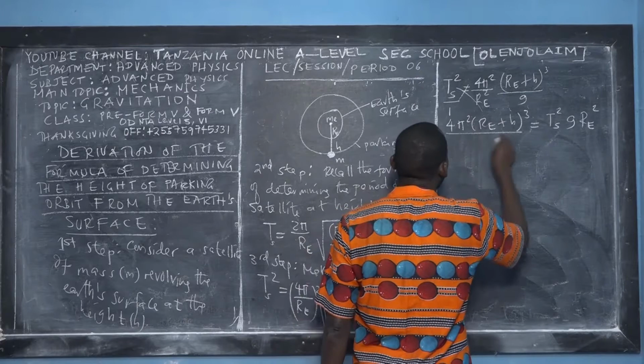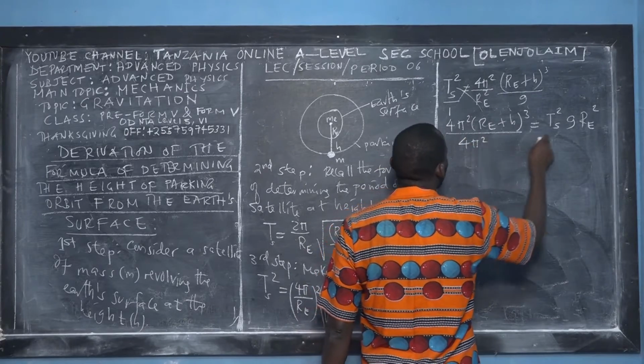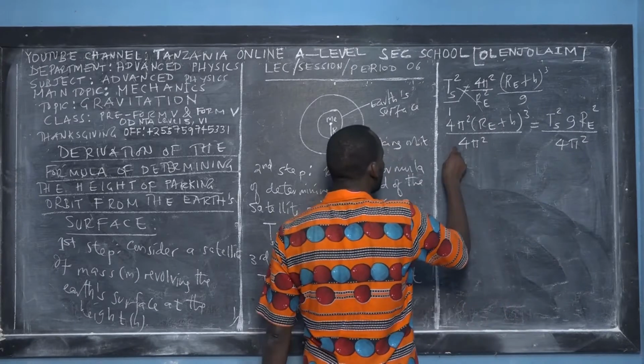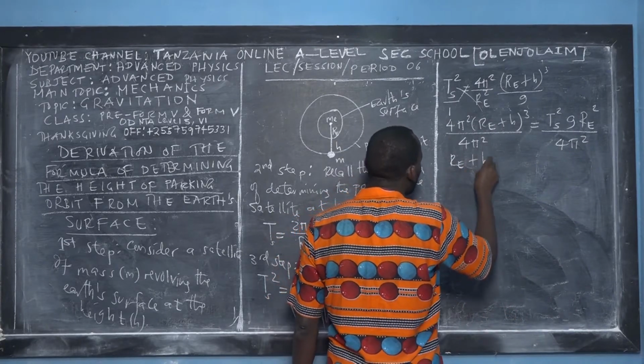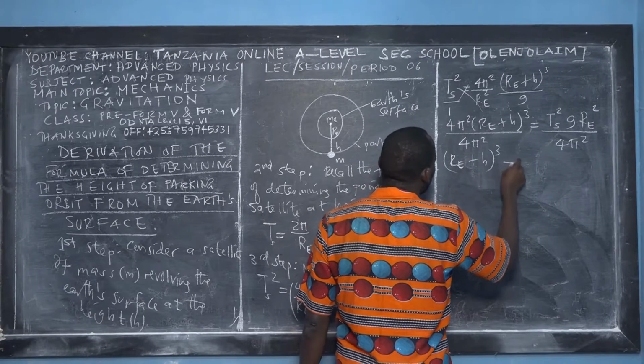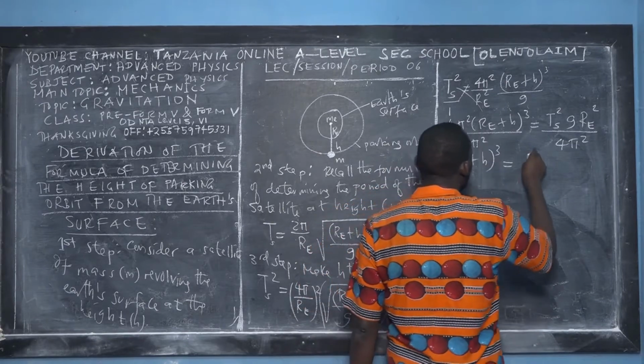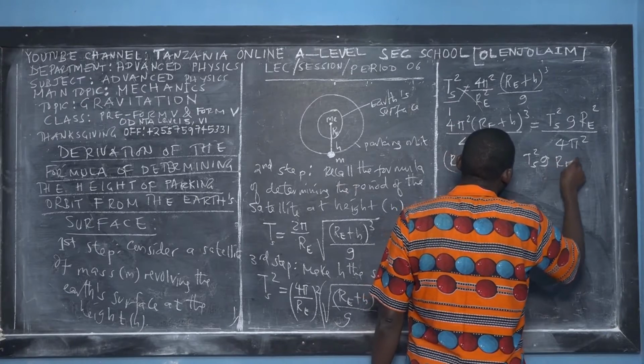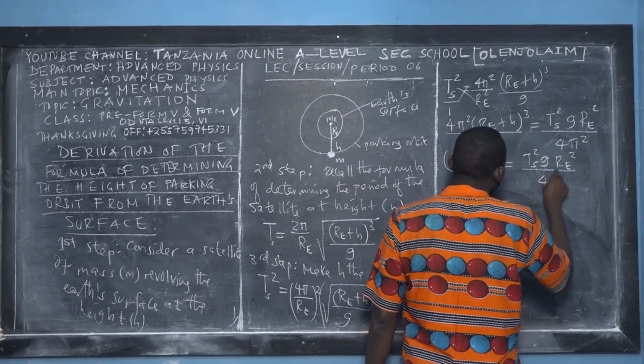Then we divide both sides by 4 pi squared, and you have the radius of the Earth plus h cubed is equal to the square of the period of the satellite, acceleration due to gravity, radius of the Earth squared, over 4 pi squared.